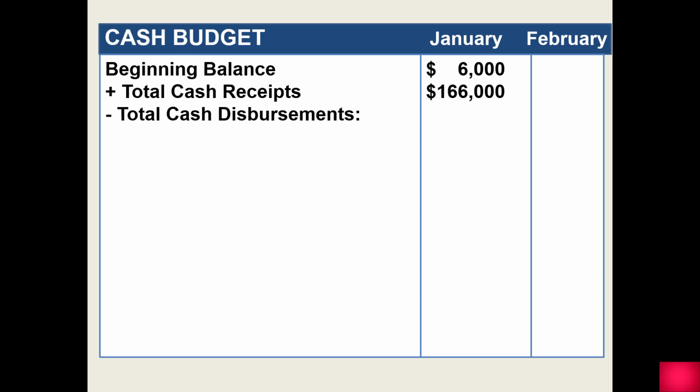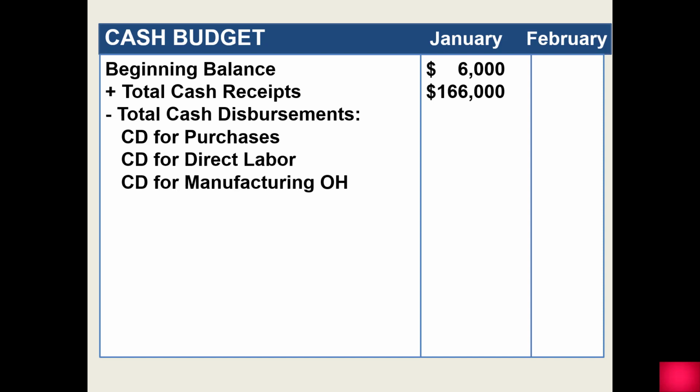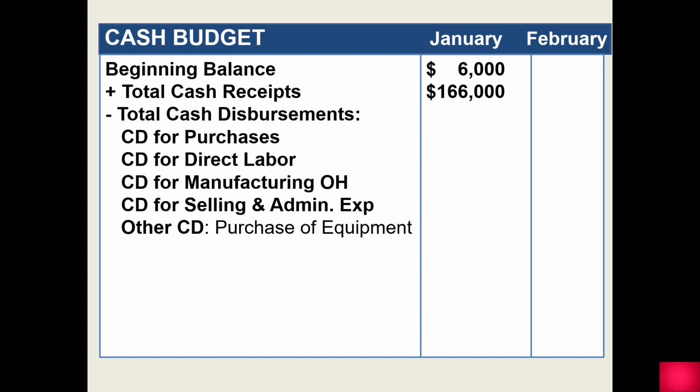It is a good idea to organize your disbursements according to the different reasons that a company would need to spend cash. I like to think about what will my cash disbursements be for purchases of materials, what cash disbursements will I have for direct labor, cash disbursements for manufacturing overhead, cash disbursements for selling and administrative costs, and then any other cash disbursements.